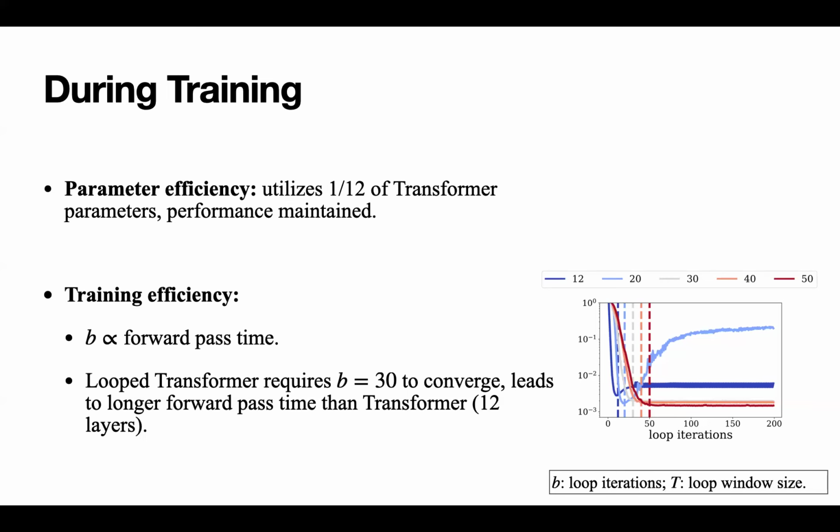Only with like 30, 40, 50, it will stay at a good place. So if we want to find a loop transformer that finds good fixed point solutions, we cannot employ a B of 12 or even 20. We need to increase B to maybe 30. This will increase the forward time, and that is the downside of using a loop transformer: you need to spend longer time, with larger B, for the loop transformer to learn meaningful fixed point solutions.